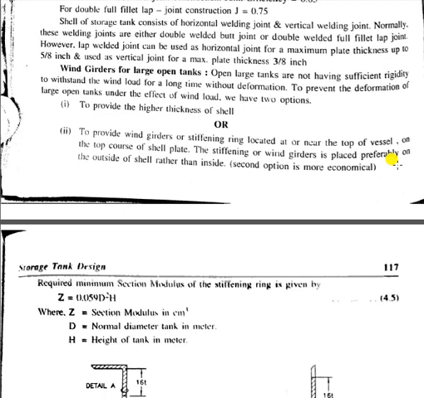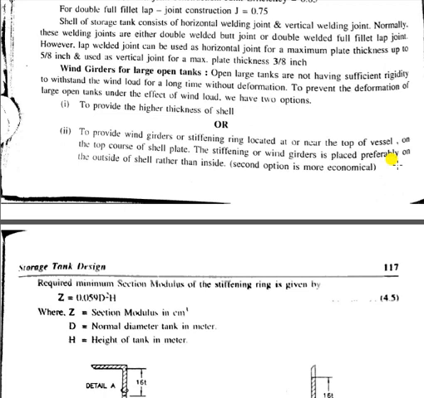You have seen in photographs of industrial storage tanks that there is an outer ring for support. This ring is nothing but the wind girder for large open tanks, for supporting wind loads.